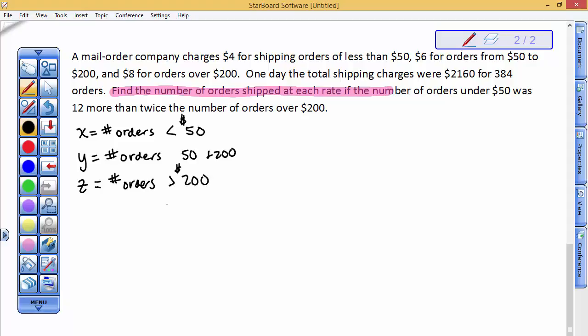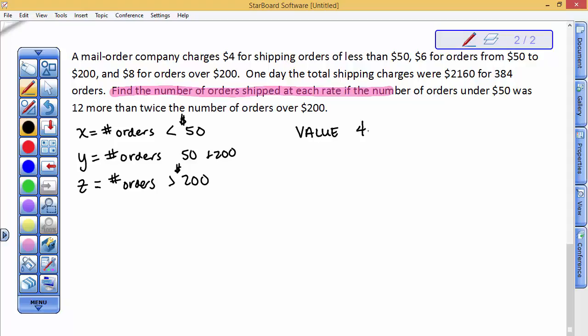Okay, and now let's go ahead and write our sentences. So $4 for X kind of orders, each of them, $6 for the Y kind of orders, and $8 for the Z kind of orders, and one day their total shipping charges was that much. So let's write the value statement from that.